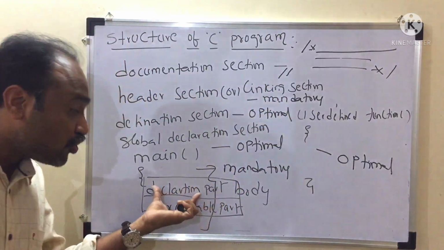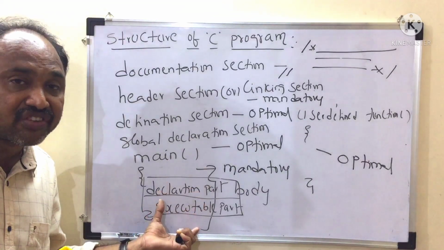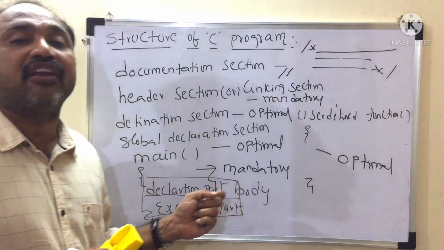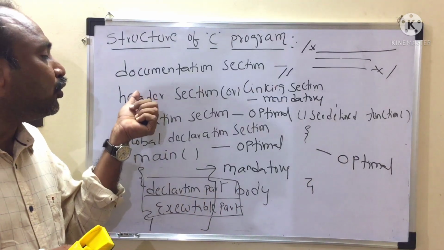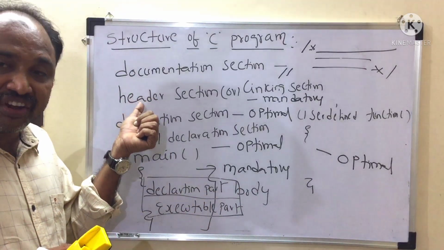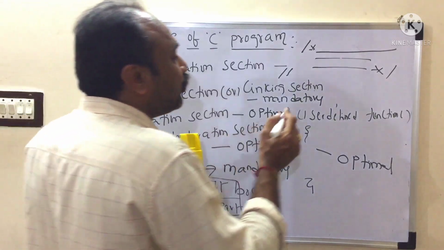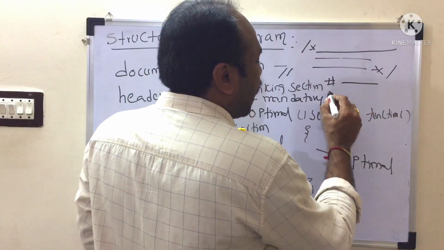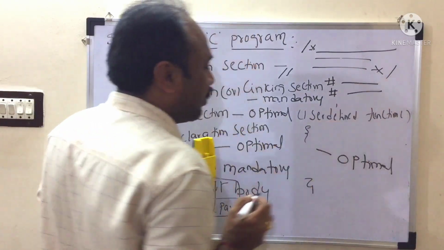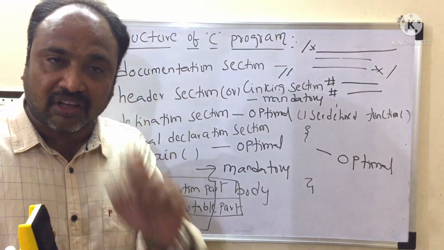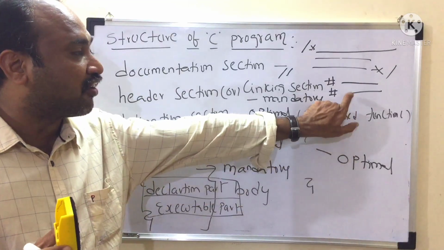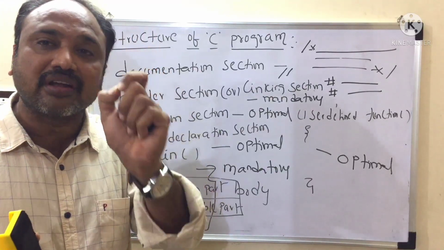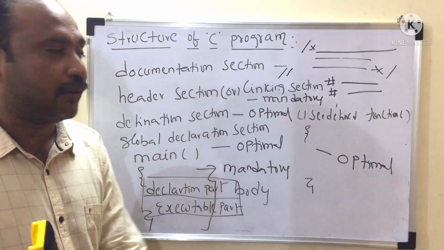Any predefined functions have their functionality defined in header files, so we have to include them in the header section: #include <stdio.h>, #include <string.h>, #include <math.h>. The section where we write these is the header section. It is compulsory for every program.